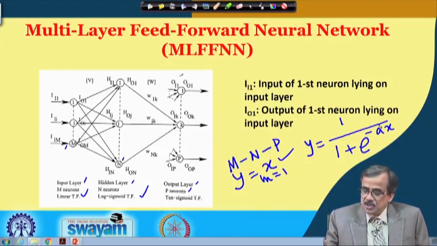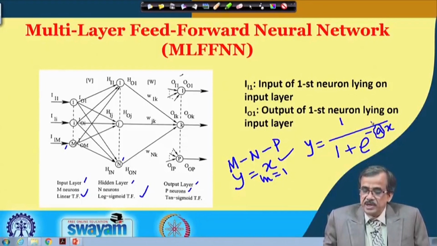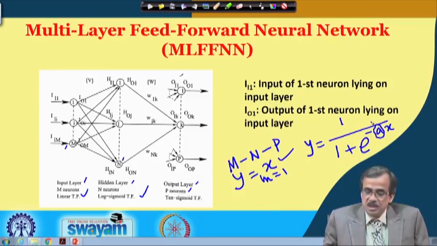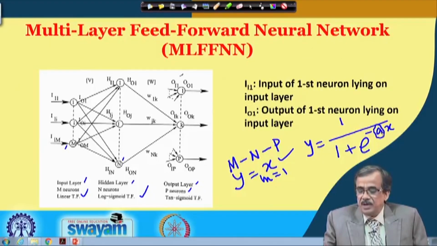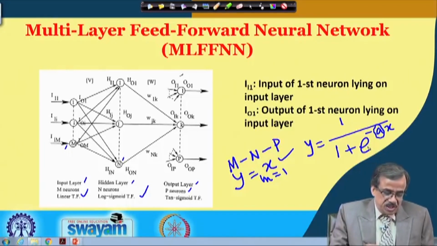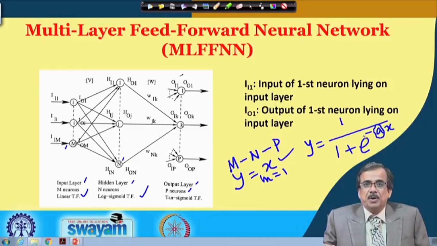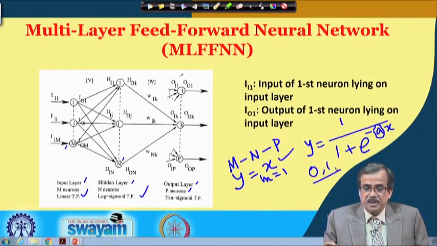Now, this particular a is actually the coefficient which is going to decide what should be the slope of this particular curve. I have already mentioned that the higher the value of a, the steeper will be the curve, and vice versa. So, this is the log sigmoid transfer function, and the output varies from 0 to 1.